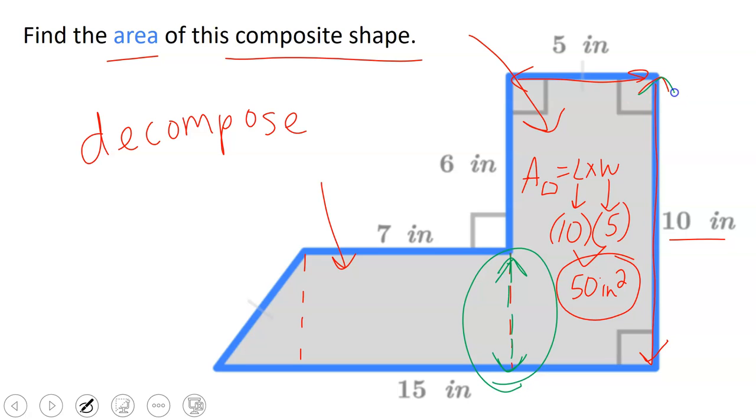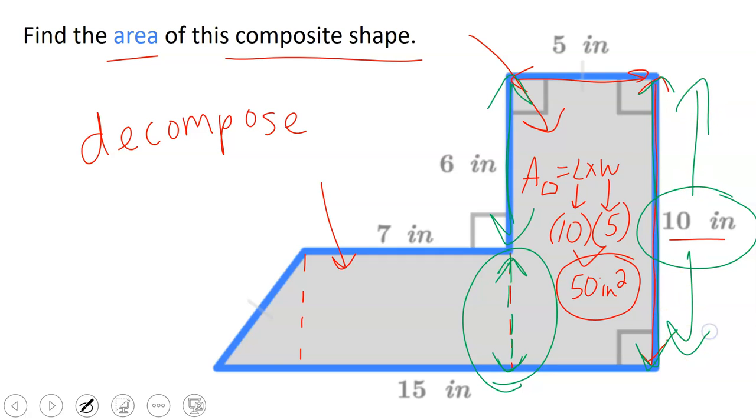So I'm going to look at this line that also goes up and down, and I'm going to look at this line that goes up and down. This full length is 10 inches, and this length is 6 inches. So what I'm going to do is take this full 10 inches and subtract the 6 inches to get what this width is equal to, 4 inches.